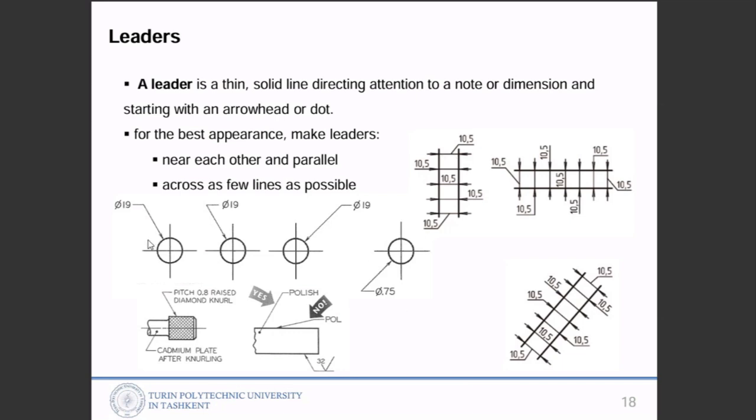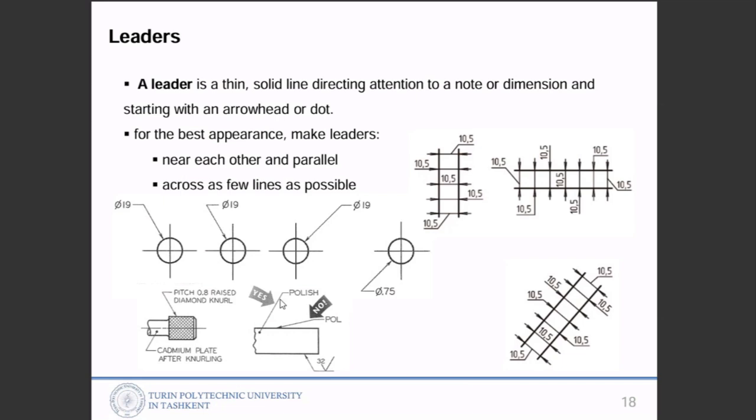Okay, so for a slope, again, writing a value there is difficult. So that's why we can do a leader, and the leader might finish horizontally, and on the horizontal line we can write the value. There are various ways you can see.